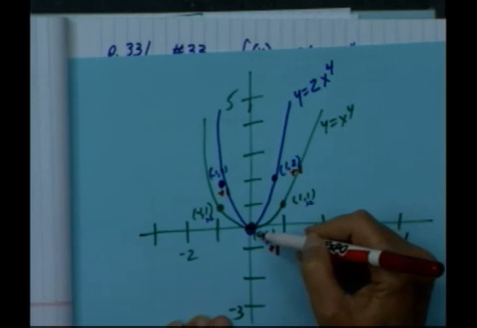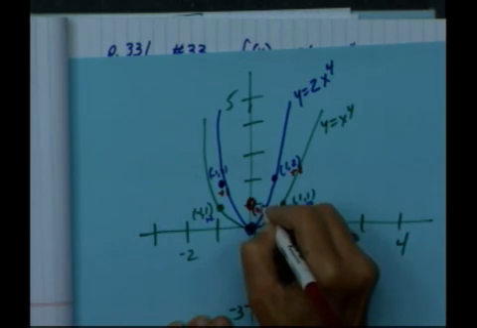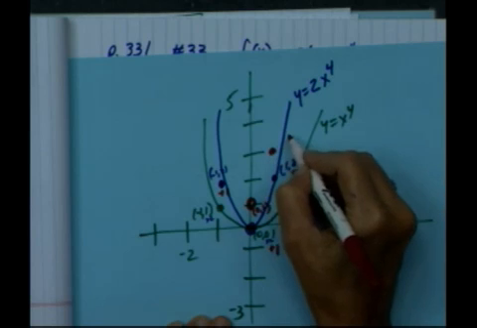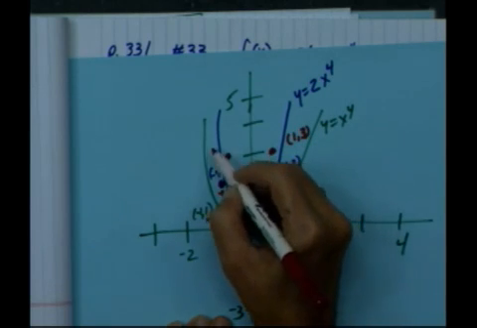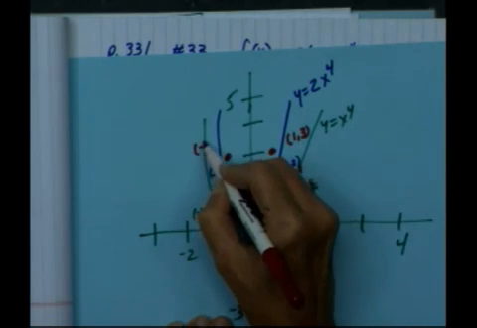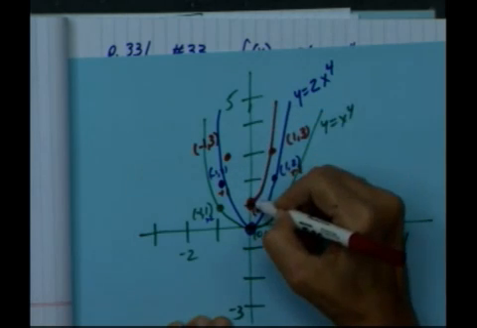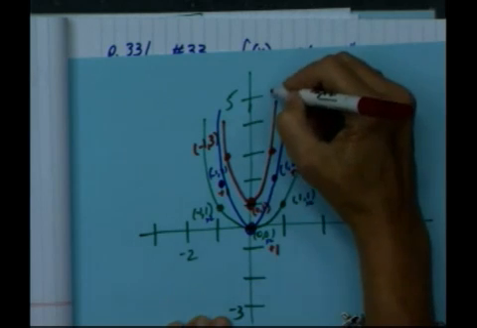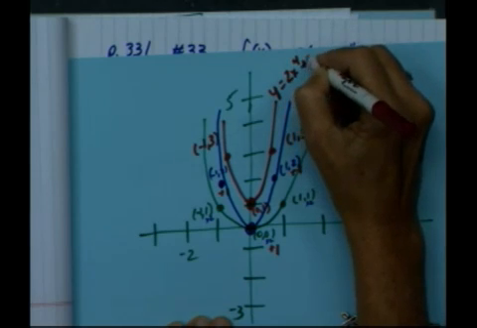So now we'll have 0, 1. And now we'll have 1, 3. And we'll have negative 1, 3. This is y equals 2x to the fourth plus 1.